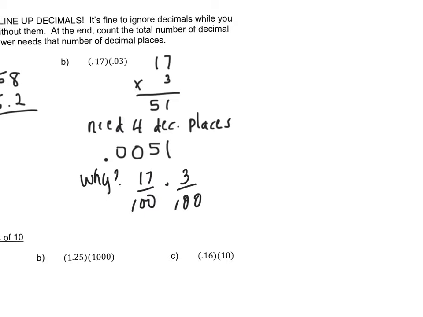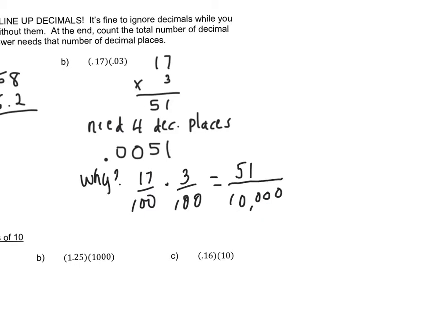And we have learned when you multiply fractions, you go straight across. So 17 times 3 is 51. 100 times 100 is a 1 with 4 zeros, which is 10,000. So 51 over 10,000. And now we are going to write this as a decimal.